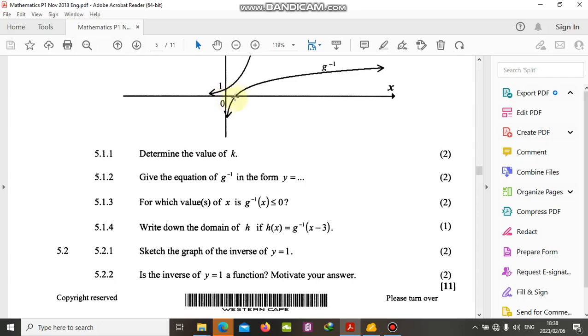So we need to find that, and we know that our x values for where the y values of the graph are negative is going to be between the 0 line for the x and then this point here. Because they say less or equals to. So now we just have to solve that.